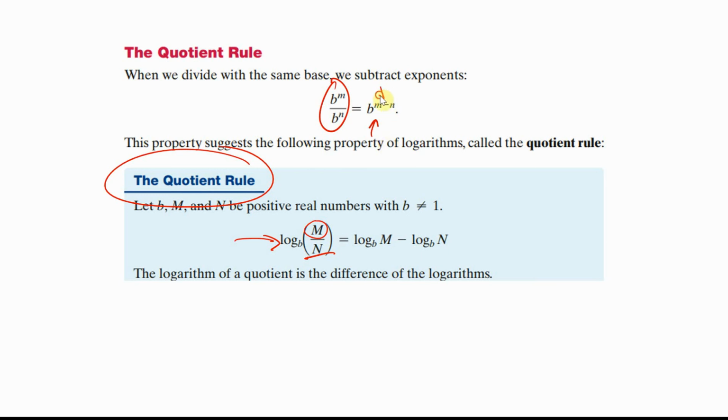So this minus here represents that minus there. And so how do we deal with the product? It becomes the sum for logarithms. And how do we deal with division? That becomes subtraction. Do you see that?